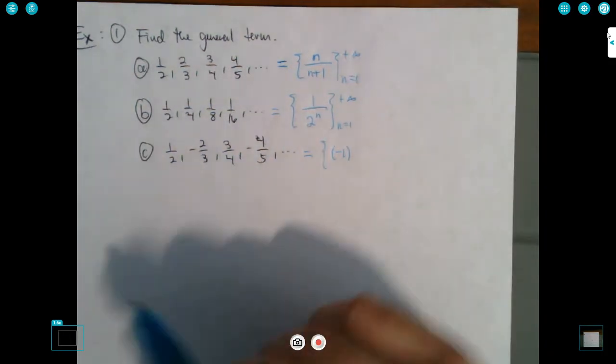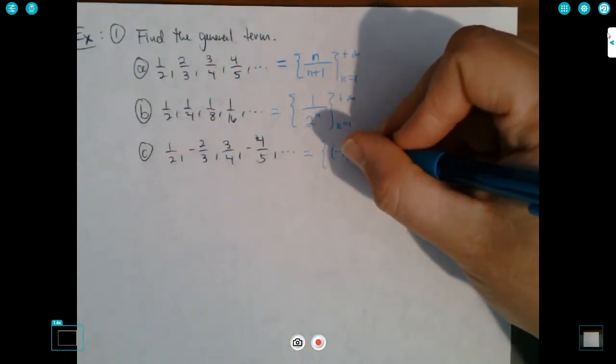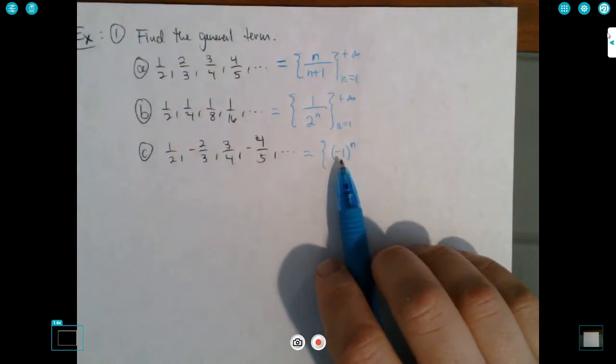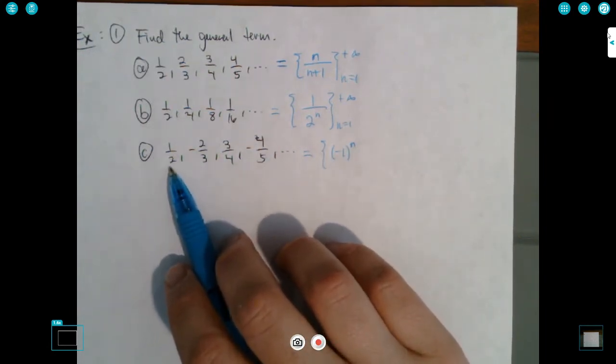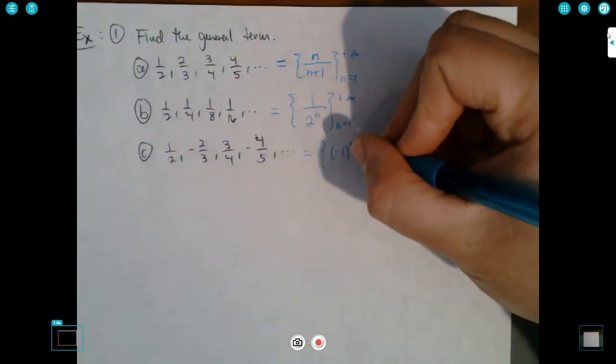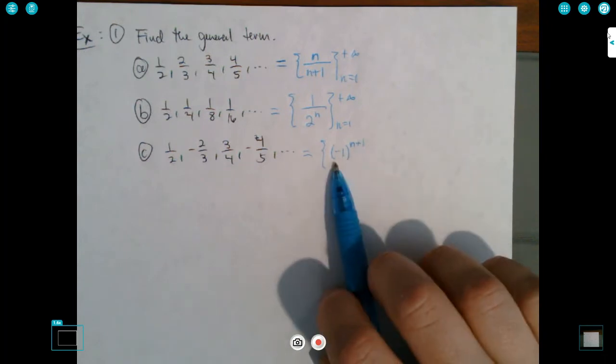So what we can do is, if I make this exponent n, then for the first term I'm going to have -1 to the first, which is negative. And that's not good because I want it to be positive. So if instead I make it n plus 1, then for the first term this is -1 squared, which is positive.